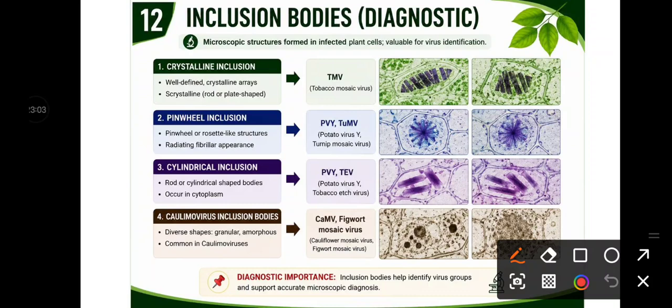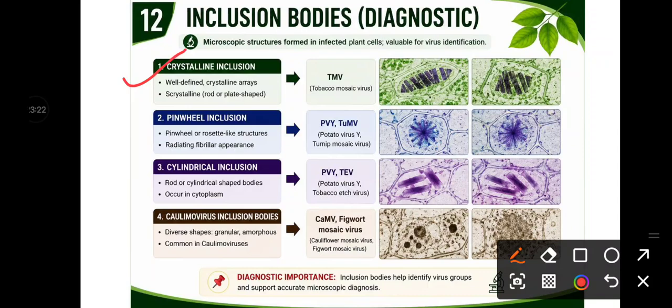Depending on the shape, these are characteristic. This means a particular virus will produce a particular type of inclusion body only. These are diagnostic structures for viruses.